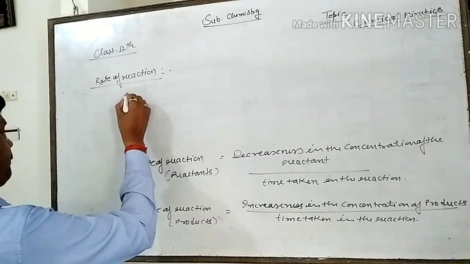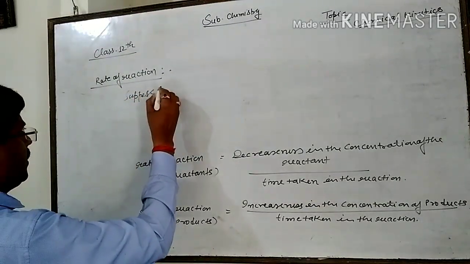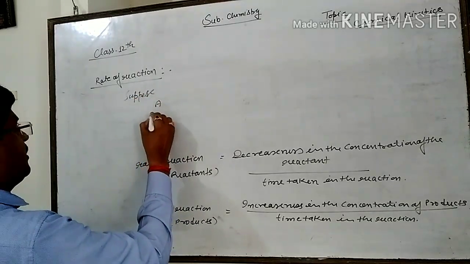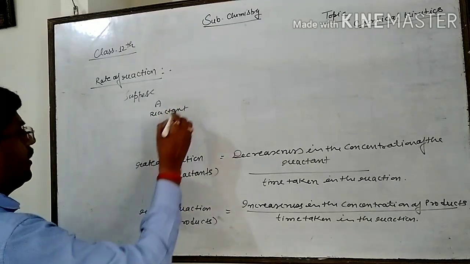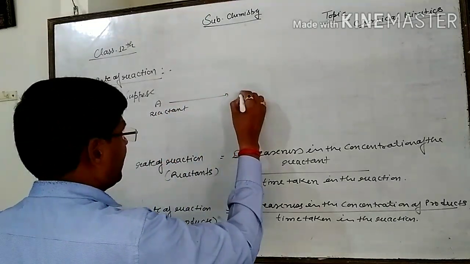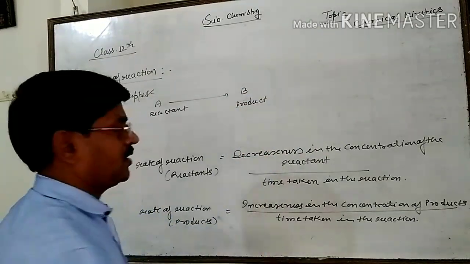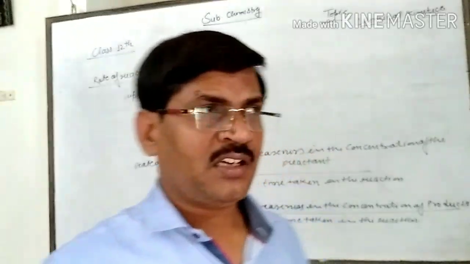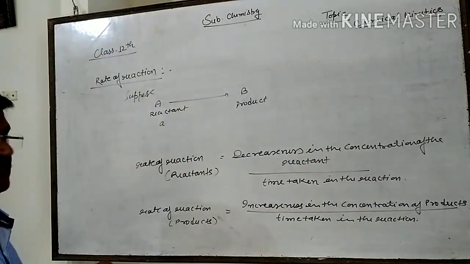Suppose a reactant A is converted into product B. Initially, I have taken reactant A having concentration a mole per liter.